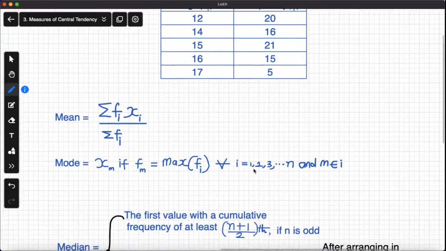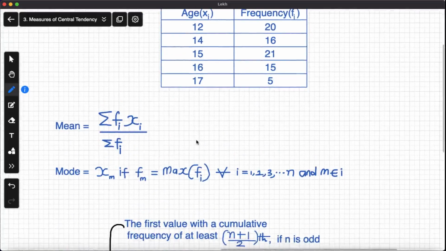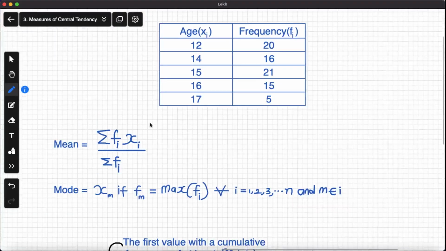Now your formula will have some small differences. For instance, you will have f, frequency, multiplying your value here, and then you divide. The sum of the frequency will give you your n also. So add everything here, and whatever you get, you put that here.